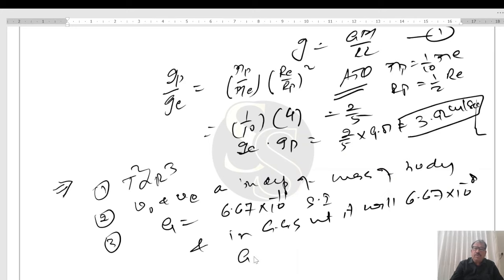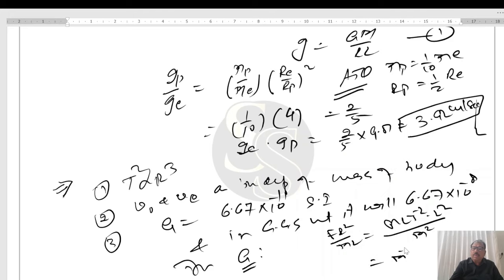And the dimension of G, you have to find out, is F R square over M square, that is M L T minus 2 into L square divided by M square, that is M minus 1 L cubed T minus 2, right?